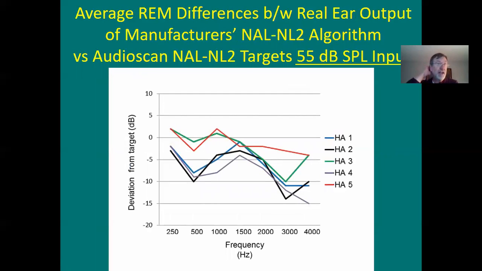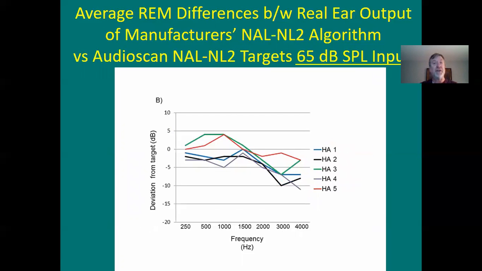Now let's look at the last two slides. Average REM differences, average real ear measurement differences between the real ear output of the manufacturer's NAL2 algorithm versus AudioScan NAL2 targets. We're going to look at 55 dB SPL inputs, and on the last slide, 65 dB SPL inputs.